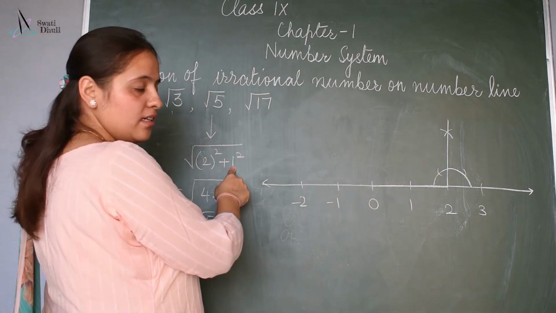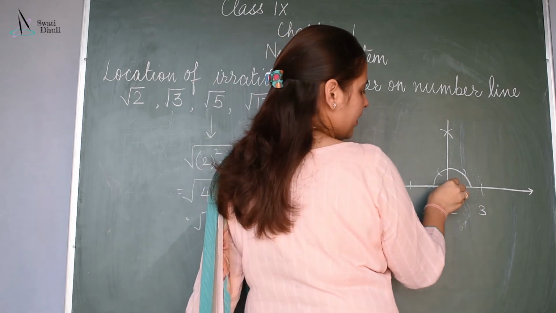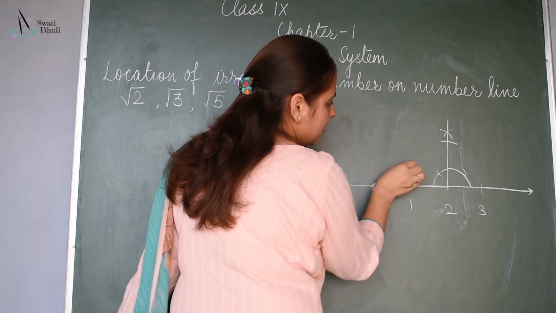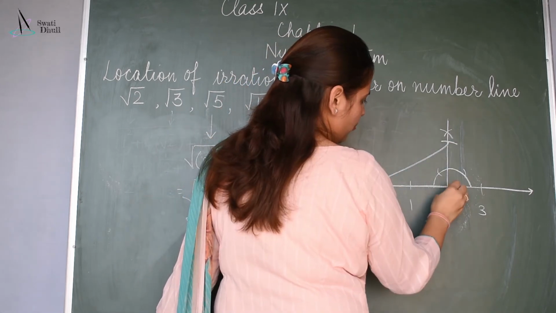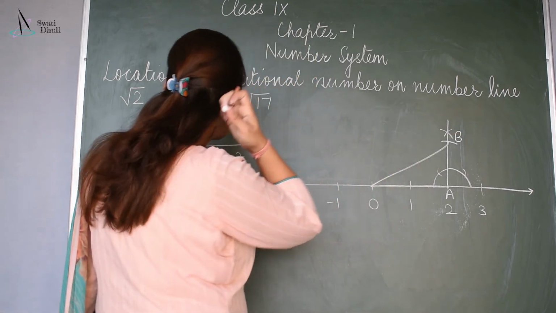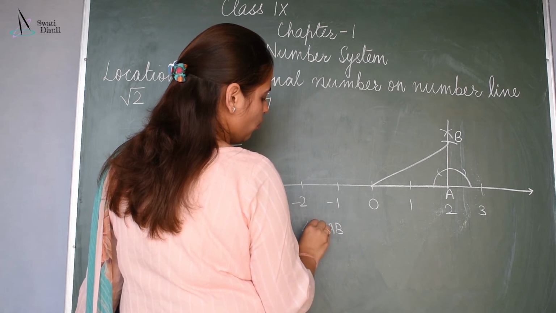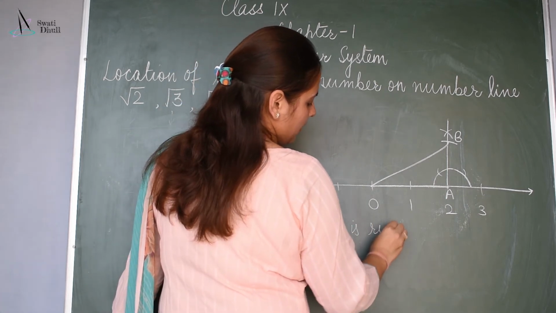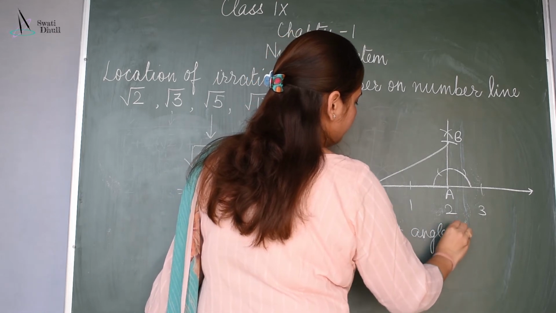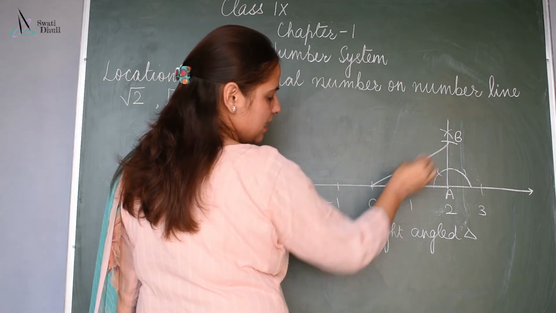Now this is 1. So measure it with the help of the compass and draw an arc at point 2 of 1 unit distance. Now join this point. Let it be point A and this be point B, that is OB. Now see, triangle OAB is a right angled triangle, and this will be your OB, the hypotenuse.